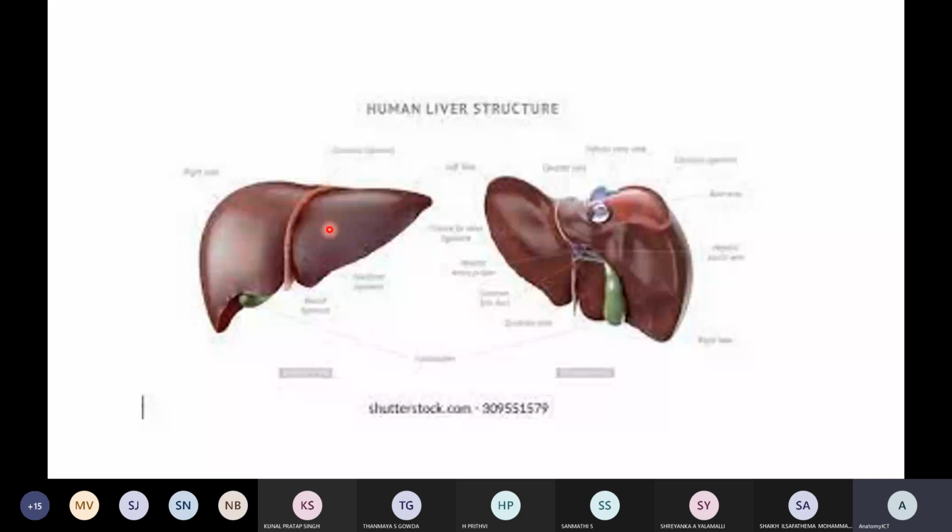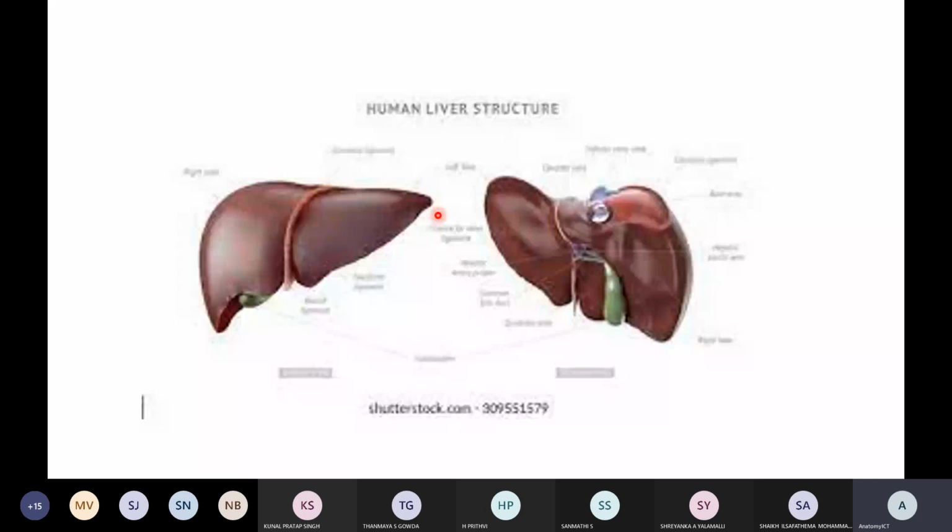The right side attachment is within the dome shape, and the left lobe goes to the flattened part of the diaphragm, that is, the inferior or abdominal surface of the liver.